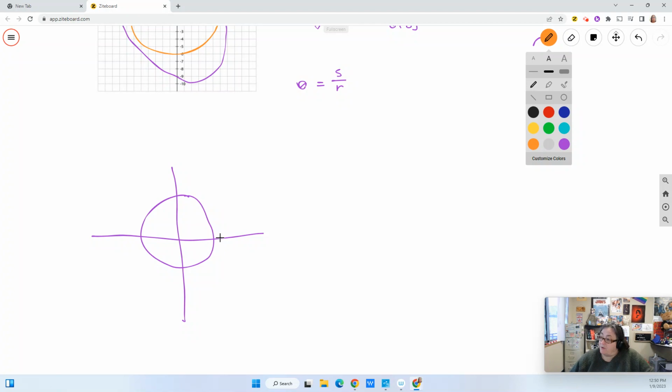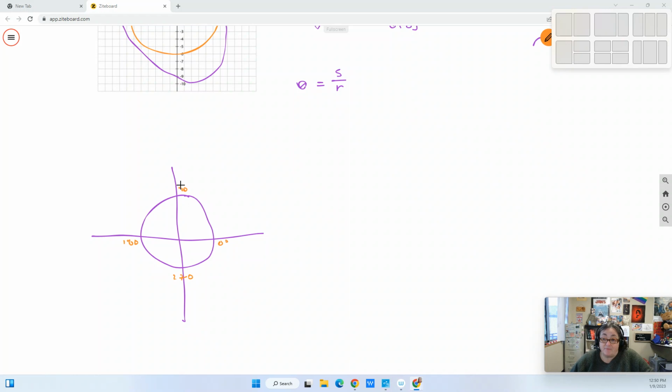If I think about this, here we have 0 degrees, right? And here we have 90 degrees, and here we have 180 degrees, and here we have 270 degrees. Because if you think about this, this is 360, right?